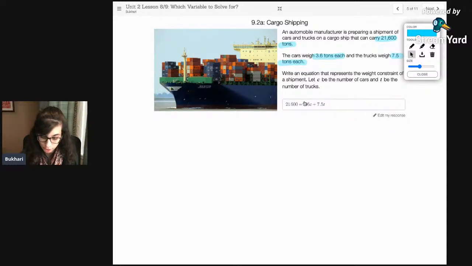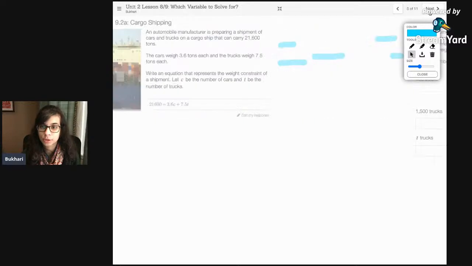So we have our tons for each car, which is 3.6, plus 7.5, which is each ton for the truck. This should be a review from the previous lessons, but something you just want to keep in mind as we go forward.